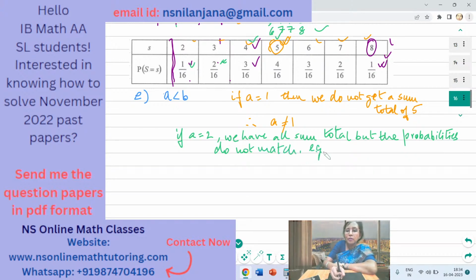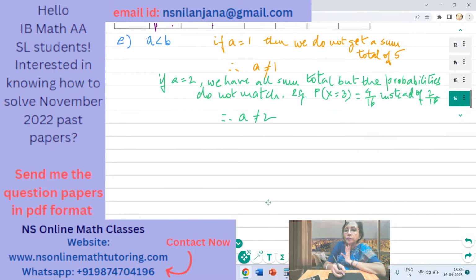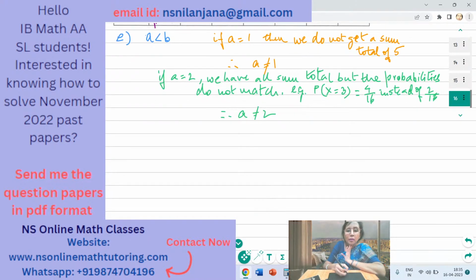For example, P of X equal to 3 is 4 over 60 instead of 2 over 60. Therefore, A is not equal to 2. Okay? Fine.